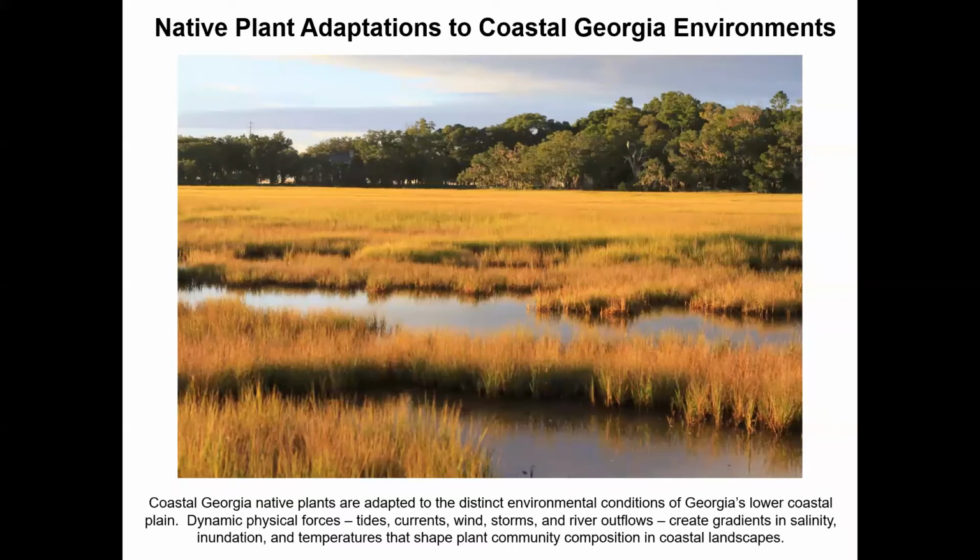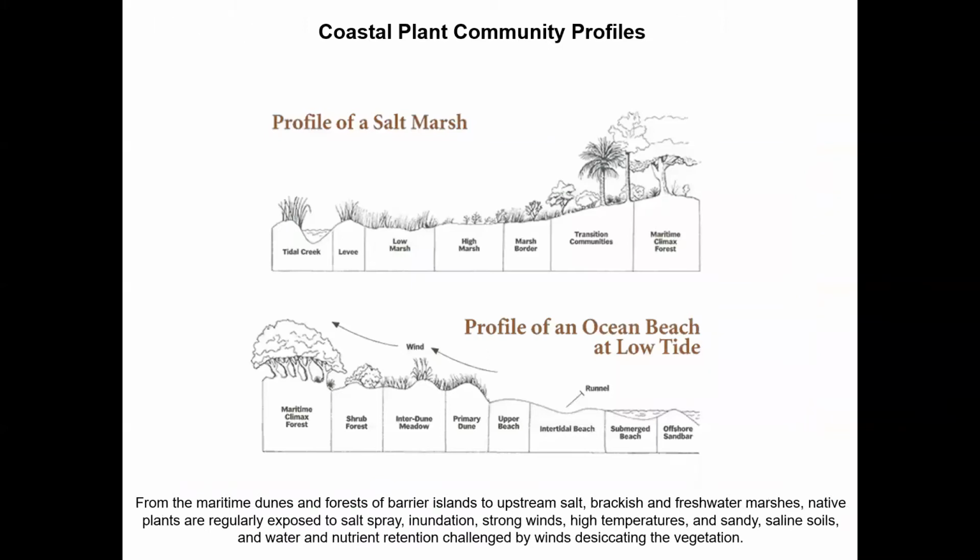We've got tides and currents and winds and storms and river outflows, which can be daily or more than daily events. And with that, we have different gradations of the salinity, the flooding, and temperatures that ultimately shape what kind of plant community composition we find in different areas of our coastal landscapes.